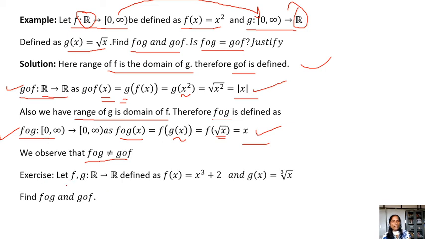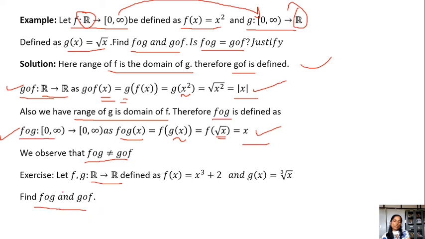Let f and g both be functions from R to R, with f of x equal to x cube plus 3, and g of x equal to cube root of x. Find f composite g as well as g composite f.